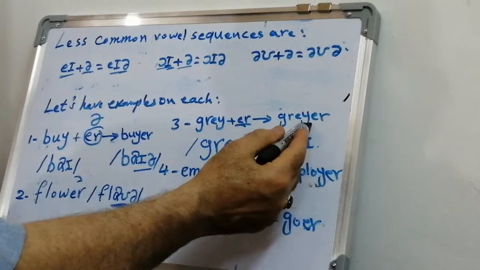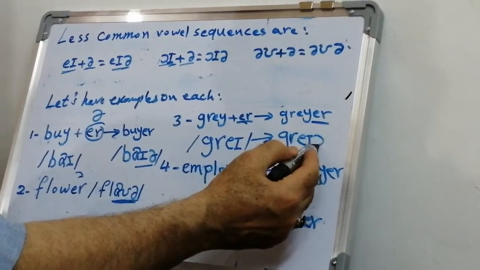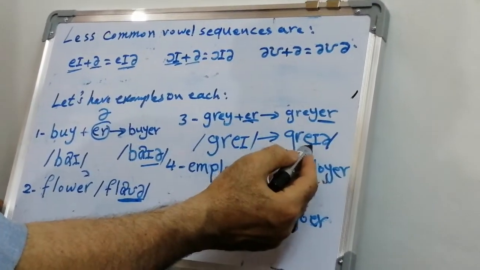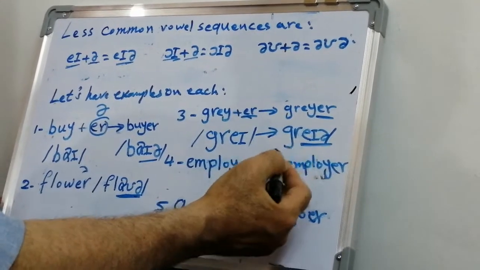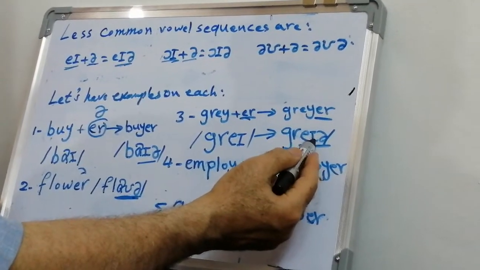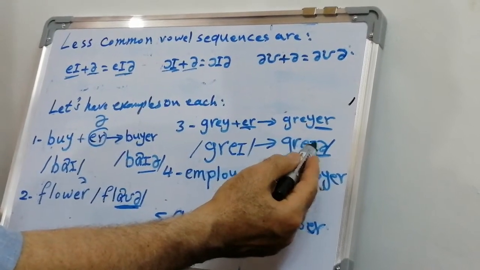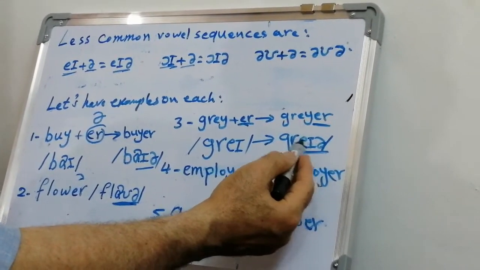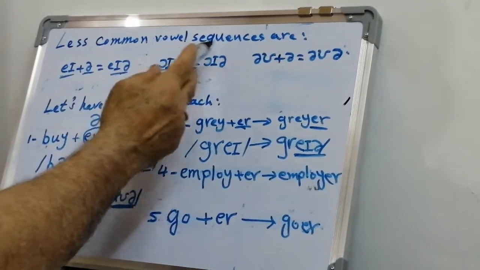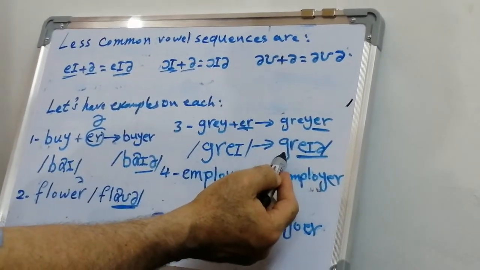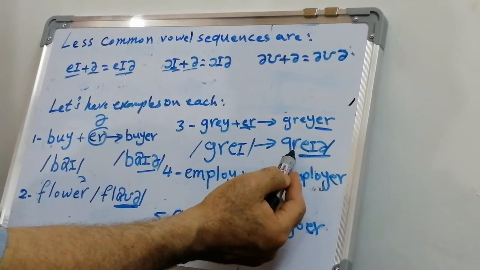But here we have "er", which is represented as a schwa. So we have a diphthong plus a schwa. What do we call them? We call them vowel sequences, like consonant sequences.